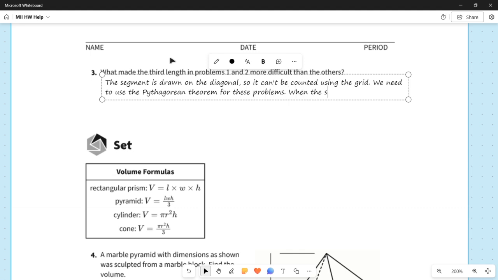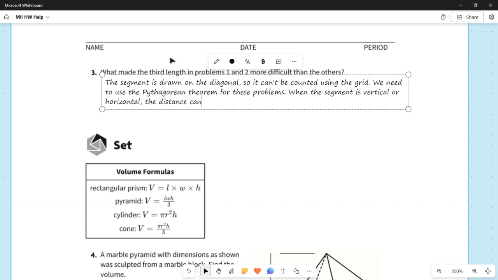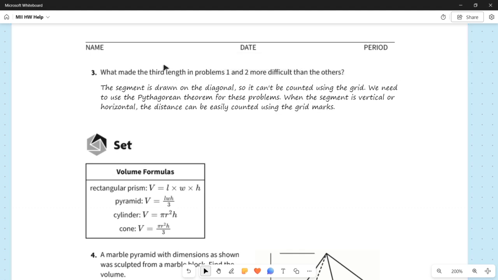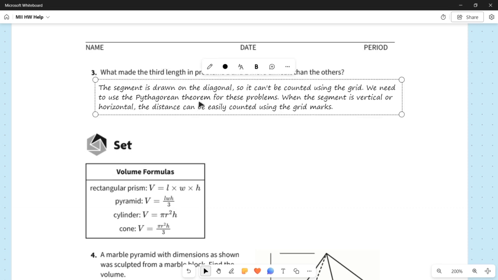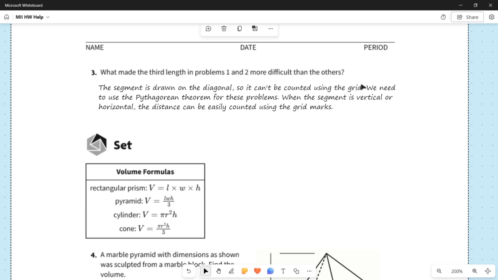However, when the segment is a vertical or horizontal line, the distance can be easily counted using the grid marks. So for the first problem that we did, because it's drawn on the diagonal, we can't use the grid to count.